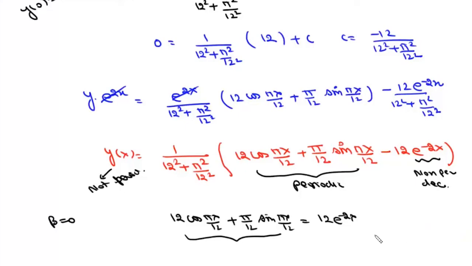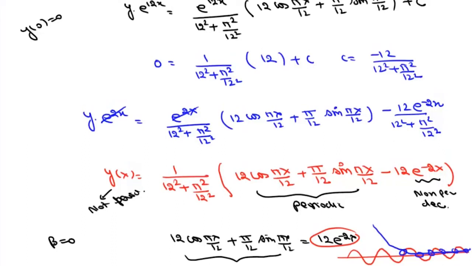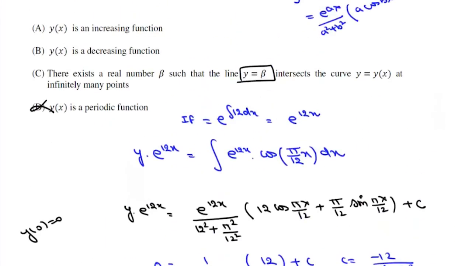This left hand side is a periodic function whose values will keep repeating, and this 12 e to the power minus 12x is an exponential function whose value will decrease. These two curves will intersect at infinitely many points. So there will be infinitely many points at which the line y equals beta intersects the curve y equals y(x). That means this option C is correct.